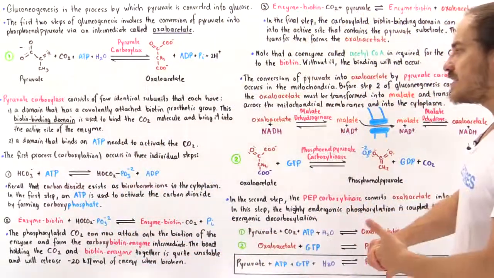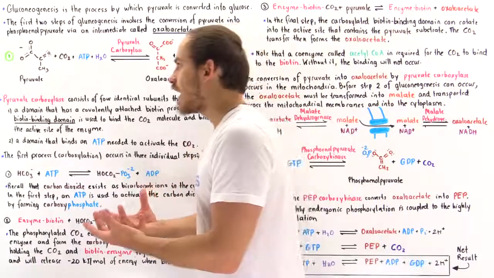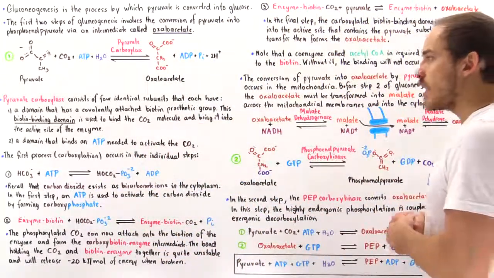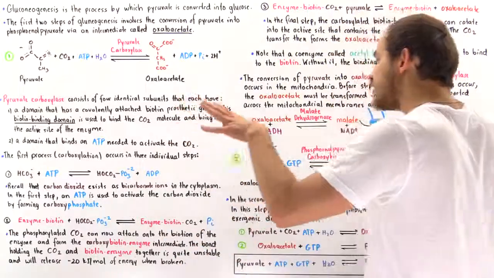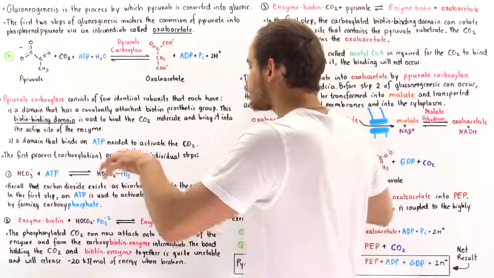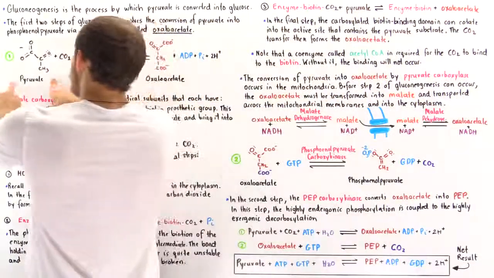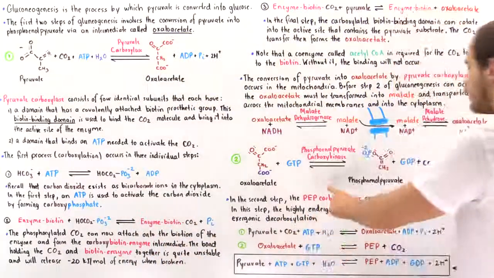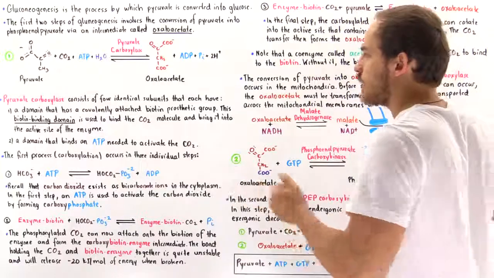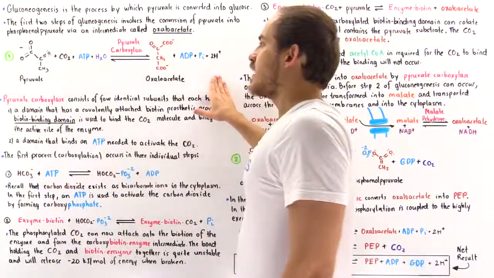So to basically bypass that highly endergonic process, we create a different reaction pathway that bypasses it. And this is a much more favorable reaction. So in a two-step process, we're able to actually transform the pyruvate molecule into a phosphoenol pyruvate by using a favorable reaction pathway. So let's begin by focusing on step number one.